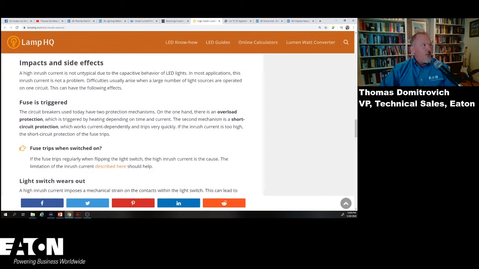And you'll notice here that circuit breakers or fuses may be engaged or may open the circuit if those inrush currents are too high. And that's one of the issues that I've had, and I think what raised some of this question about special breakers is that I would get a question every now and then where someone said, I have a string of LED lights, and when I turn them all on, my circuit breaker trips.